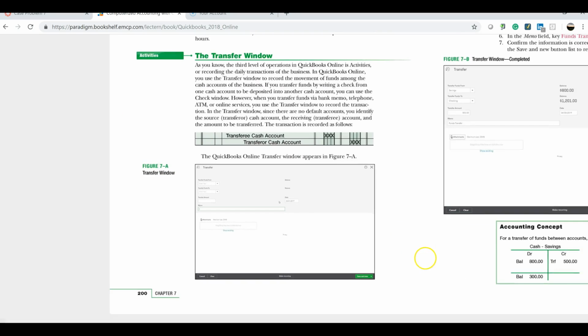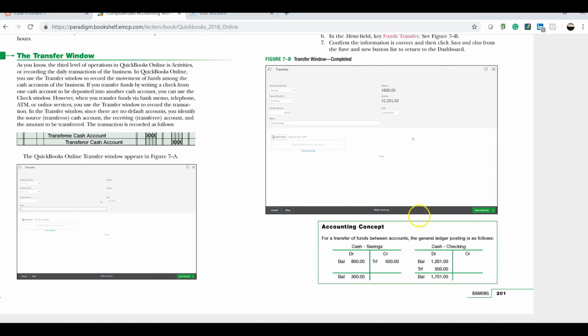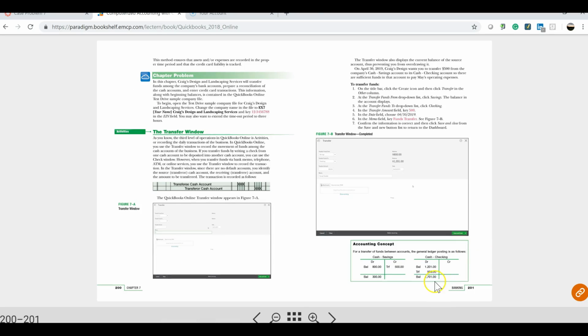And your T account explanations down here at the bottom of page 201 when you're transferring funds between accounts. In this case, they are taking $500 out of their savings account, so they're crediting that, and they're debiting their cash checking account. Very similar to what I did when my kids were in college quite a bit.